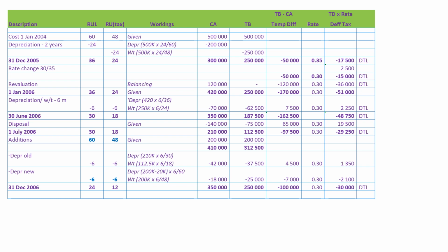So step number one, by looking at this table, first identify when the revaluation first arose. As you can see, it arose just before 1 Jan 06, and we revalued our plant by 120,000. Whenever you revalue an asset, the revaluation impacts your carrying amount.